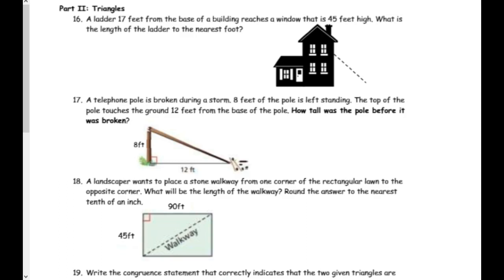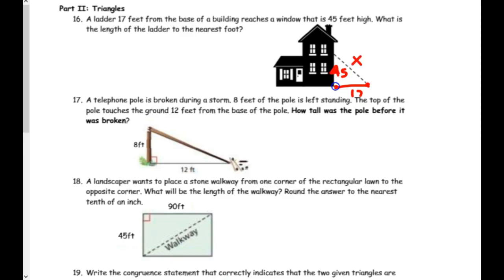Alright, so a ladder 17 feet from the base of a building reaches a window that is 45 feet high. Okay, so let's label what it tells us. It tells us that the ladder is 17 feet from the base. So from here to here, 17. And this is 45 feet high. The window is 45 feet high.